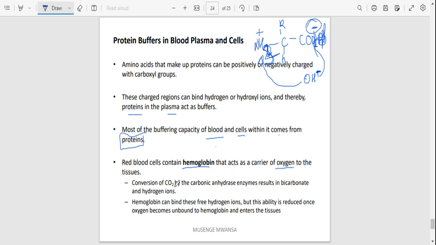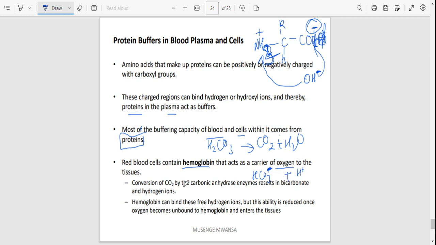Because we saw that carbonic acid can be broken down to carbon dioxide and water, this carbon dioxide and water can still react to form carbonic acid like that. This carbonic acid can further break to form a bicarbonate and hydrogen ion like that.